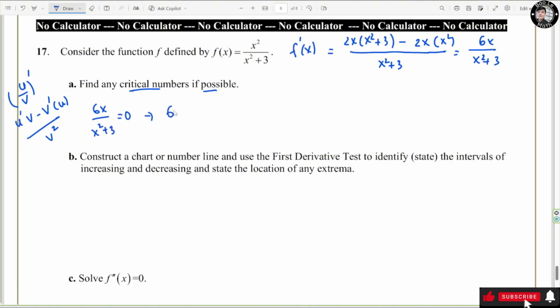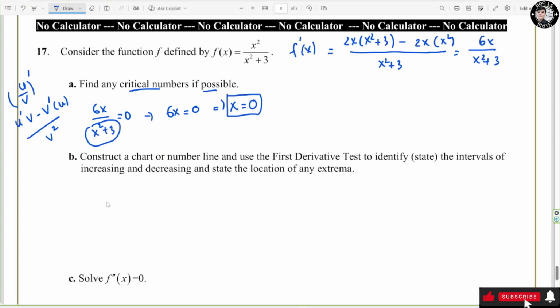It's the same thing as 6s equal to 0, right? And then s equal to 0, right? Now in this situation, we don't need the denominator equal to 0 because the denominator is always different from 0, right? So we don't need to find the value of s where f prime of s is undefined because the denominator right here is always positive, right? So the critical number is s equal to 0, right?